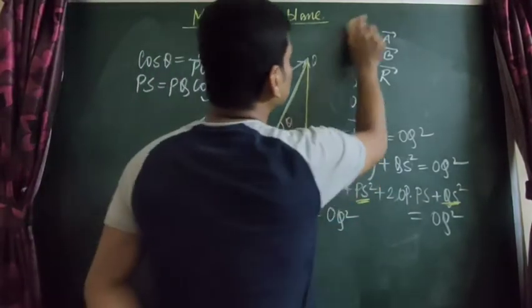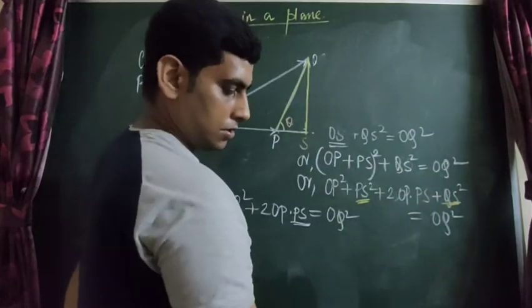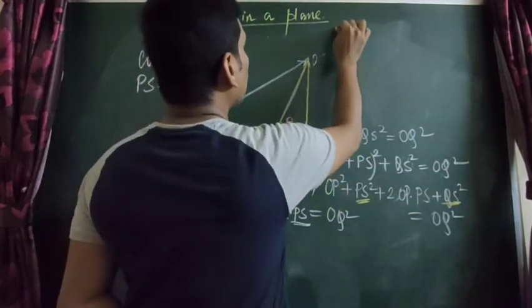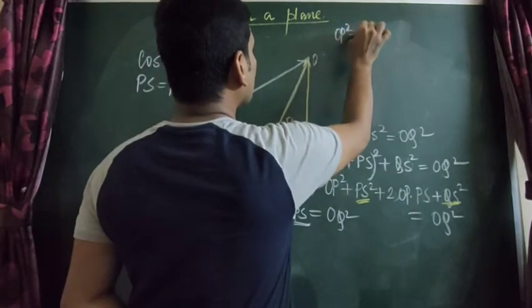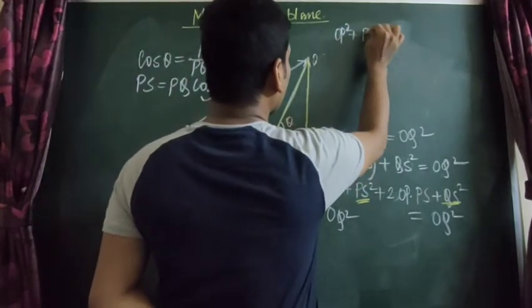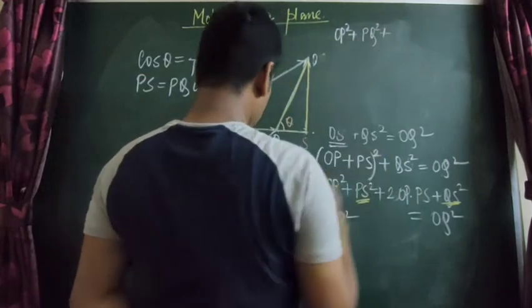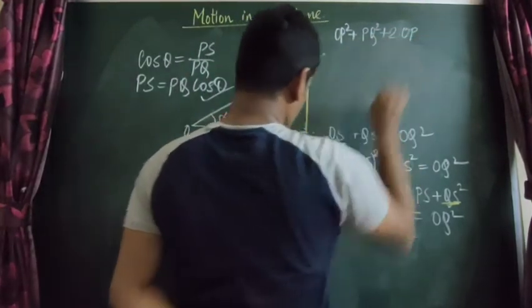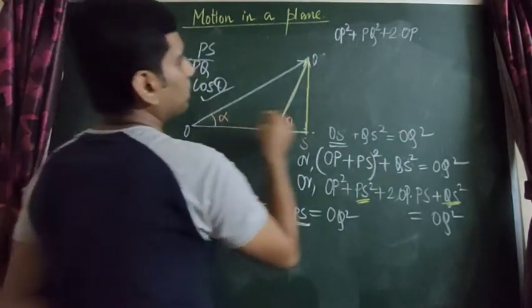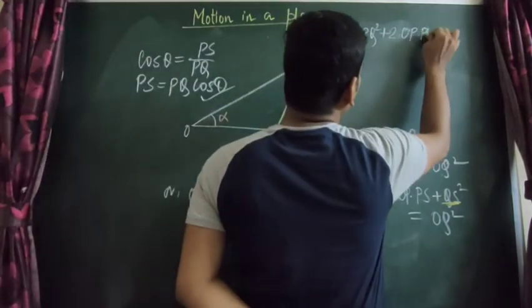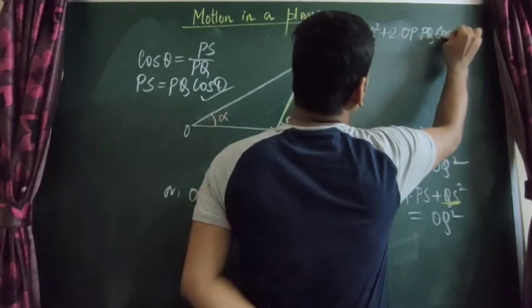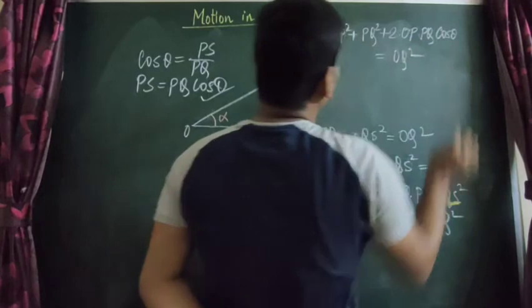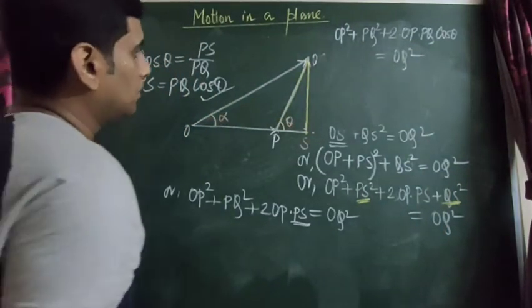So this equation becomes OP square plus PQ square plus 2 into OP into PQ cos theta equals OQ square. We get the equation like this.